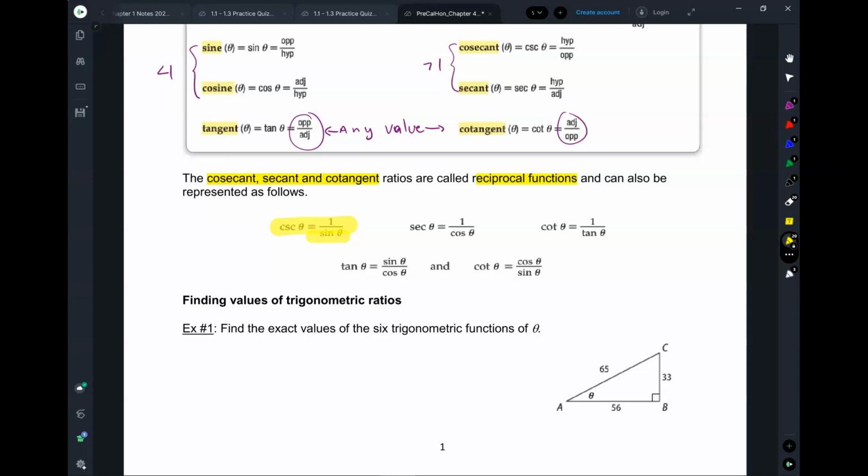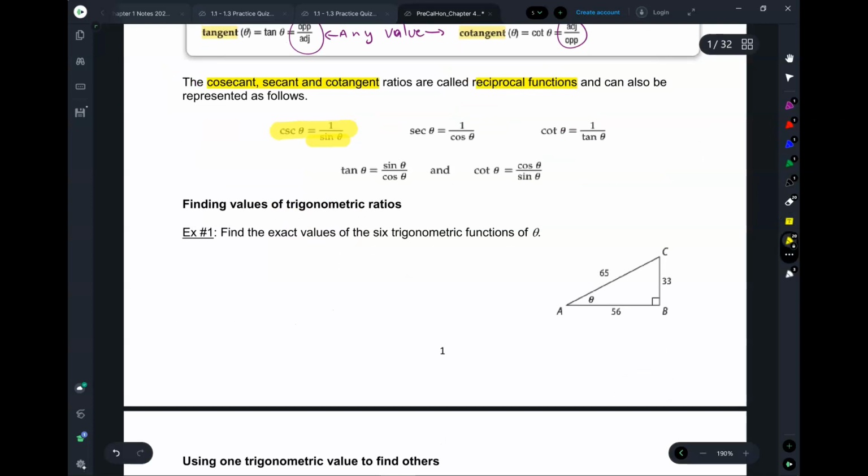And then there is another fun fact. Tangent can also be written as sine over cosine. Cotangent, cosine over sine. And these are going to be very important the further out we go. All right? Any questions so far?